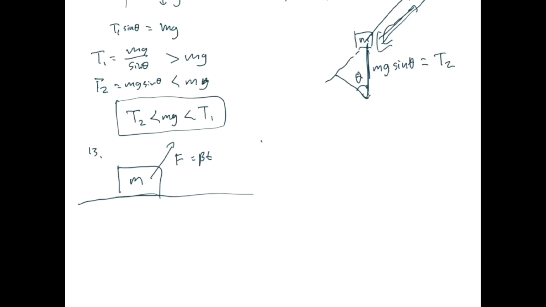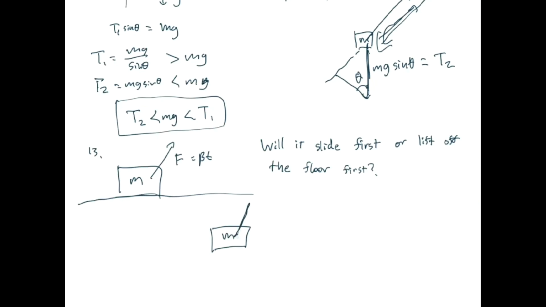So the question is, will it slide first or lift off the floor first? So let's look at what's happening here. First of all, what will cause it to slide? Well, if it slides, that just means that the horizontal component of our applied force is greater than the force of friction.